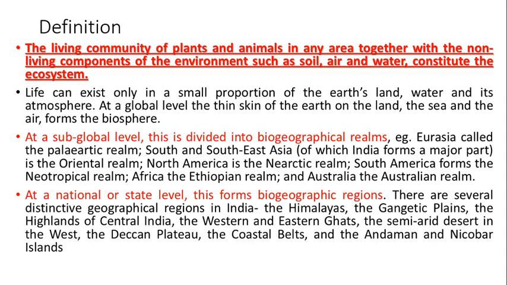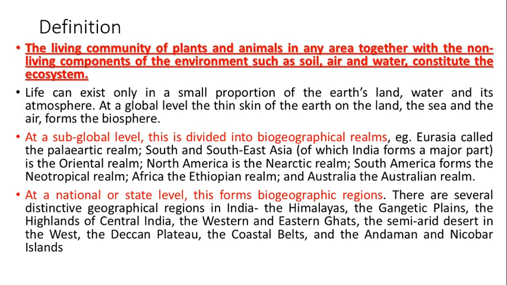For example, there are several different geographical regions in India: the Himalayan, the Gangetic plain, the islands of central India. I don't know if any of you have visited those places. The Western and Eastern Ghats, the semi-arid desert in the west, Deccan Plateau, Andaman Nicobar Islands, the coastal belts. These geographically distinctive areas have plants and animals that have adapted to live in each region.